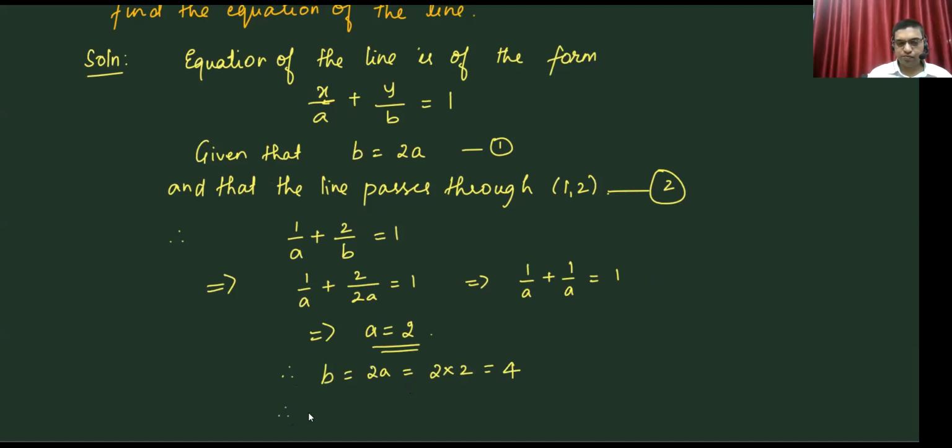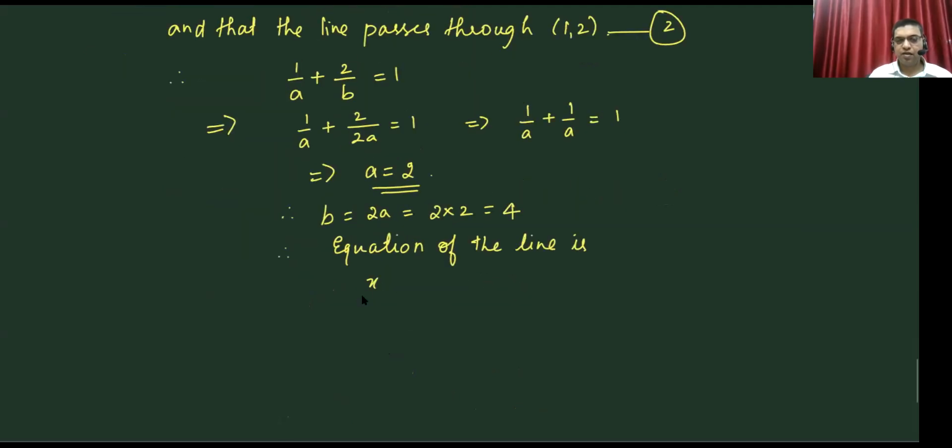Therefore, the equation of the line is x by 2 plus y by 4 equal to 1.